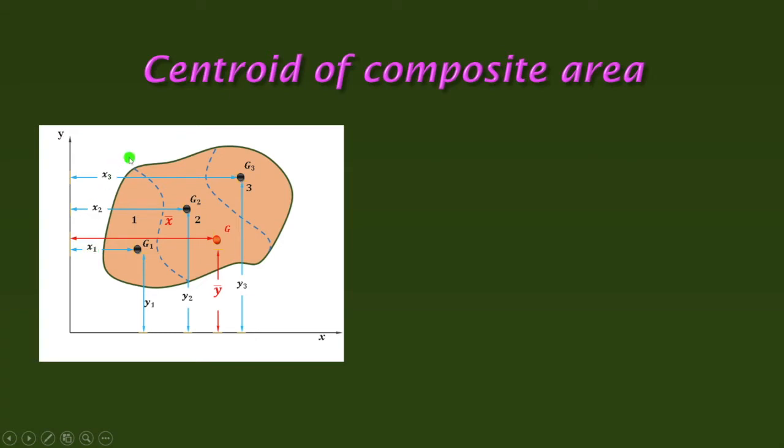The centroid of the total section is G, and the coordinates of G are x bar and y bar. Now, how can we calculate x bar and y bar in terms of the given x1, x2, x3, y1, y2, y3?